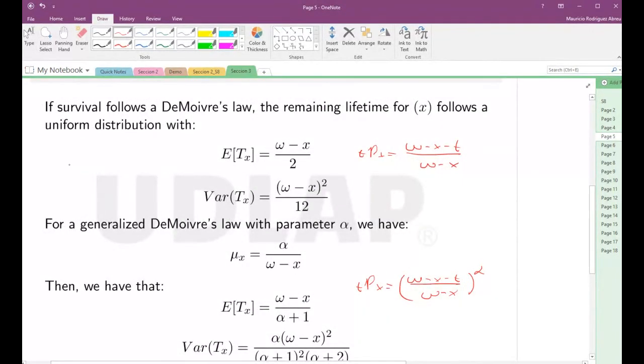Yes, I probably should also include this. So the force of mortality for omega, well, for the mass, sorry, is just like that. So this is the general expression for the force of mortality when we have the MOABs law.